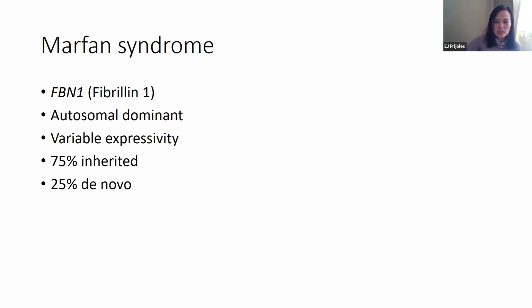So some individuals in the family may have all of the classic features, where another individual may have very milder features or difficult to see. About 75% of individuals have this condition as inherited from a parent, while about 25% are de novo, meaning neither parent is affected.